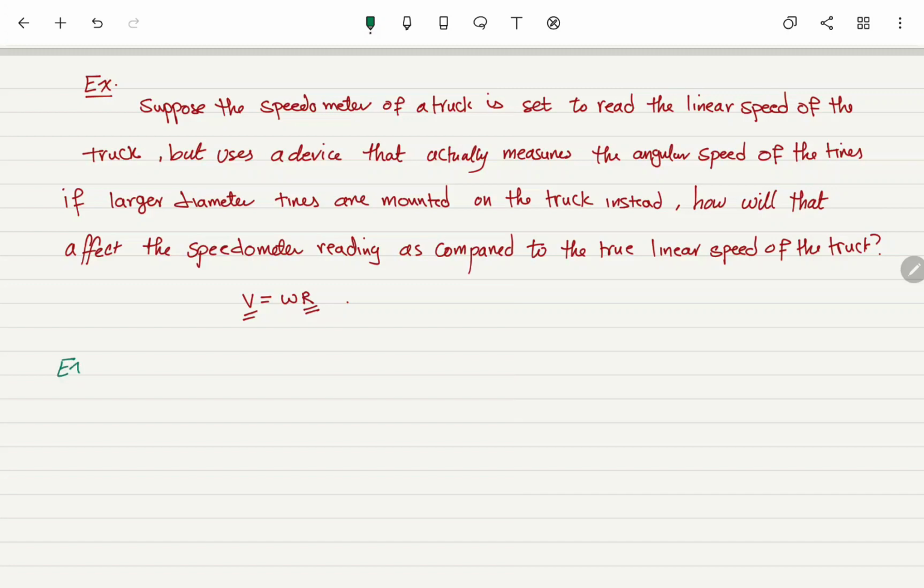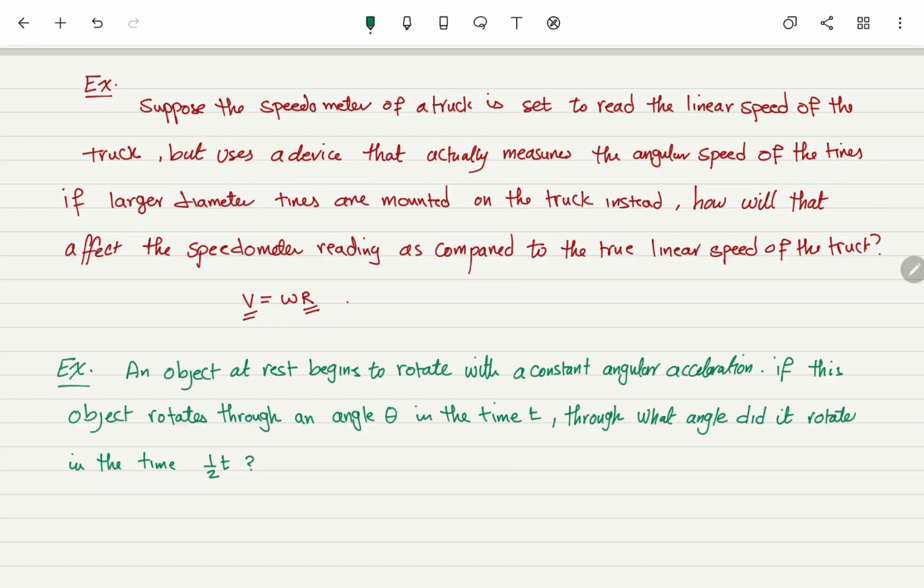Example: an object at rest begins to rotate with a constant angular acceleration. If this object rotates through an angle theta in the time interval t, through what angle did it rotate in the time half t? Since the object is moving at constant angular acceleration, theta final equals theta initial plus omega initial t plus half alpha t square.